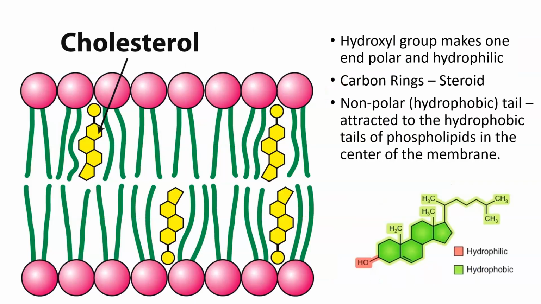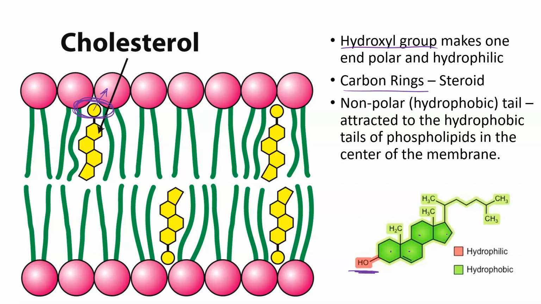When we talk about cholesterol a little more, cholesterol has a hydroxyl group, which makes one end polar and hydrophilic. This is the hydrophilic region. It is the region that anchors the cholesterol molecule to the polar head region of the phospholipids. They also have 4 carbon rings.